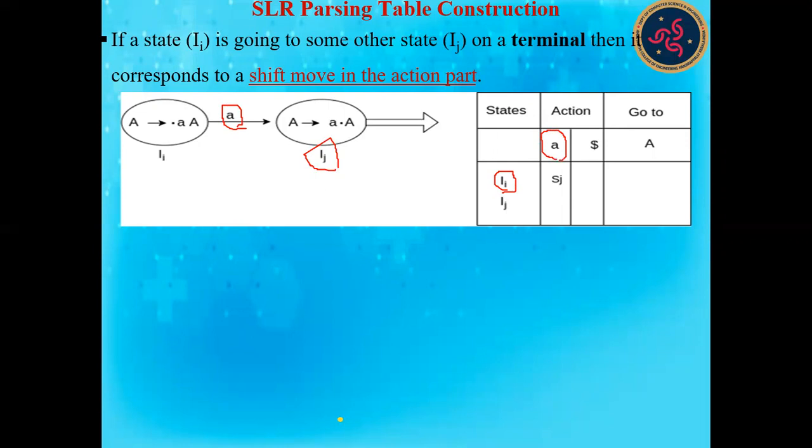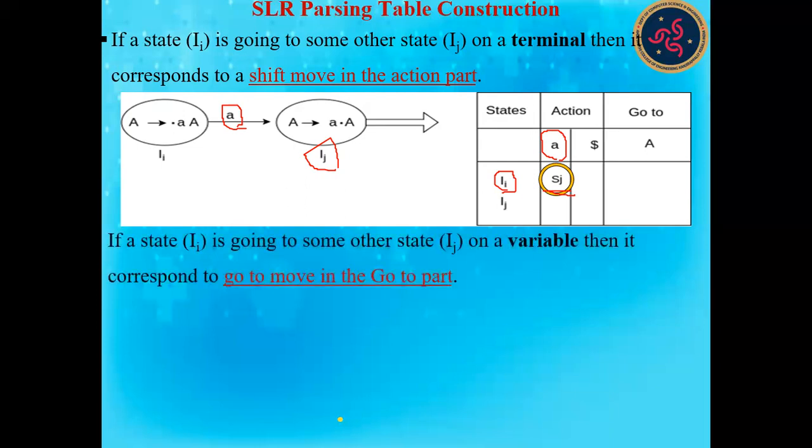I'm representing it as S for shift, and a number, the state number j. So here I can write the entry as Sj. So this is what we do when a terminal symbol is read. When a terminal symbol is read, we have to make the entry in the action part.